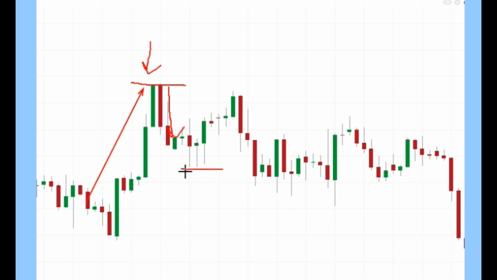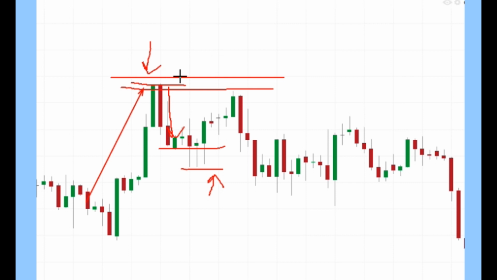You can see there's a lot of price rejection around this area. Everybody is pushing it up. So what you do in this scenario is you wait and see what the market will do at these levels here, because previously the market was rejected and formed a nice resistance level here.